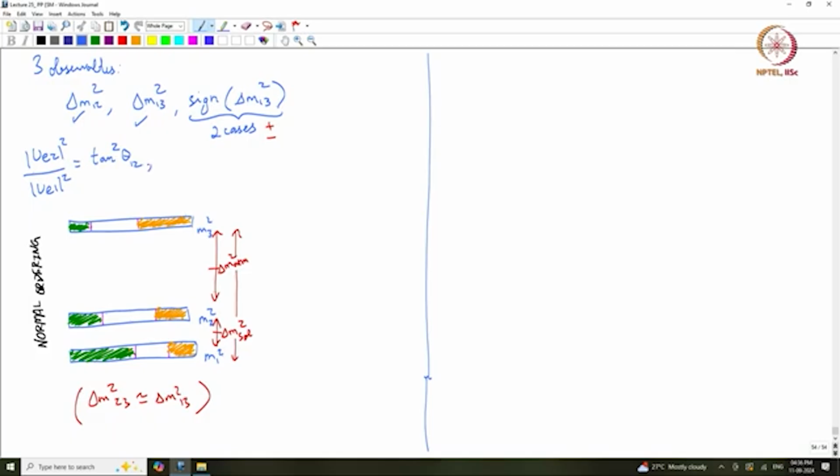In terms of the PMNS matrix, this is also very easy to derive. This is the ratio, the square of U e2 divided by the square of U e1, that is tan square theta 12.